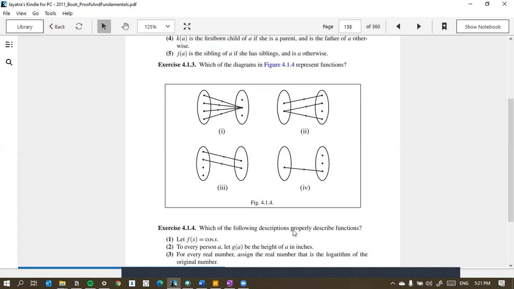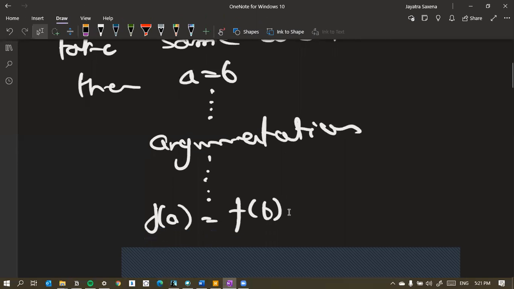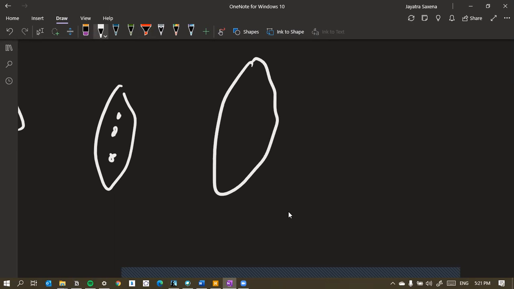It's possible to have a function that is something like 1, 2, 3, and over here we have 1, 2. It's fine to have a function like this. This is a function, but if this was our original set, this is not a function.